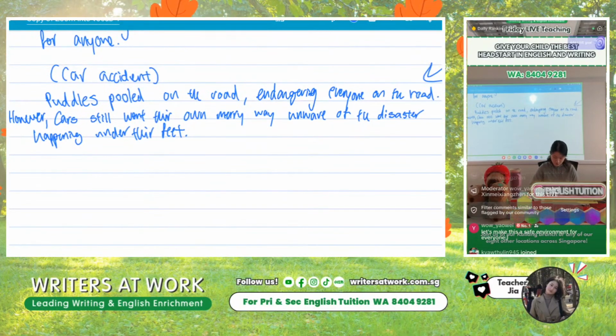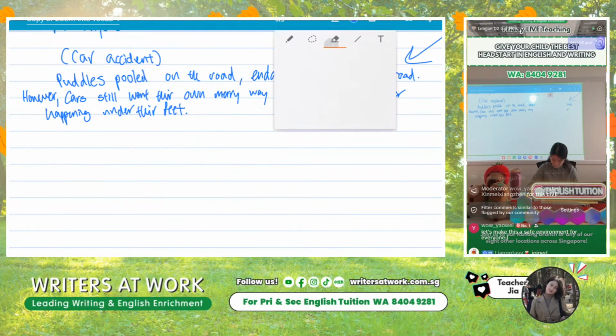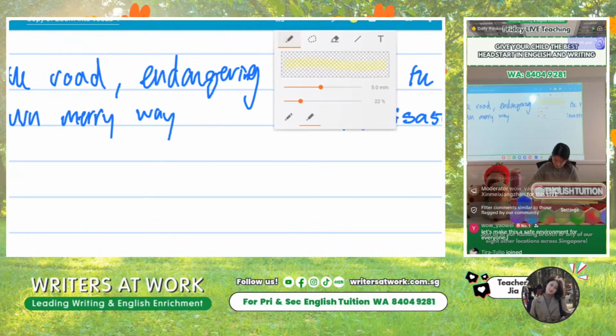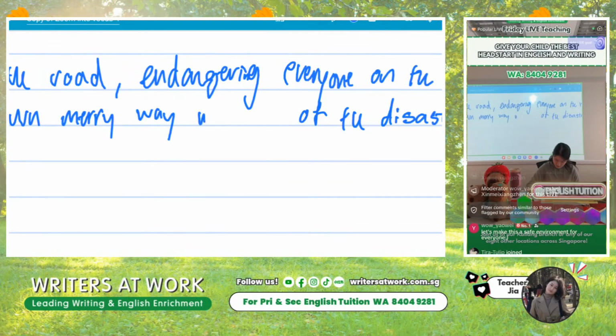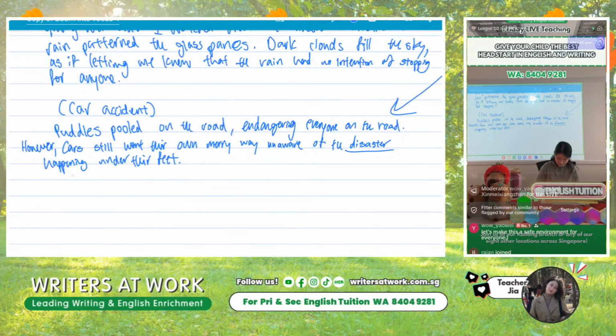Both are okay. So puddles pulled by the road, endangering everyone on the road. However, cars still went on their own merry way, unaware. Okay, so there's that foreshadowing that there's a disaster really happening under their feet.